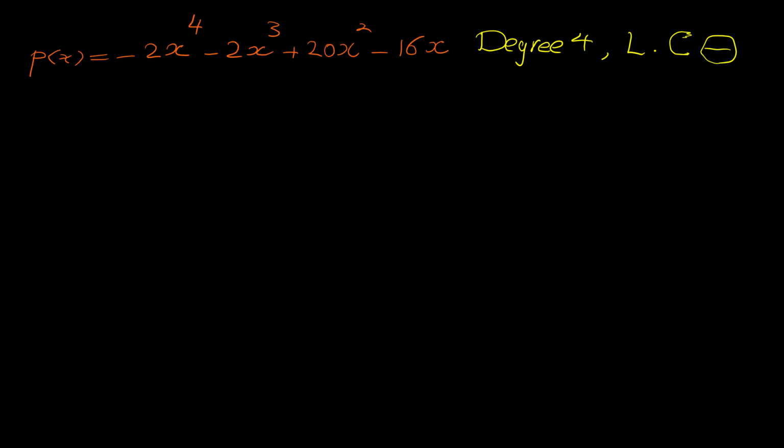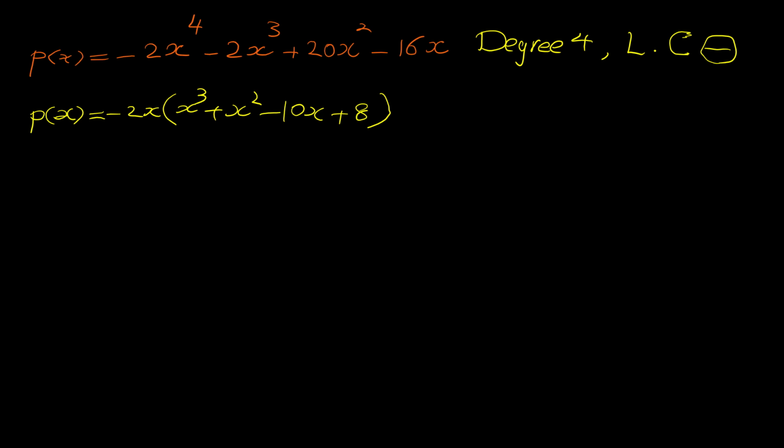By looking at the terms, immediately we notice that x, and actually negative 2x, can be factored from all the terms. Why do I prefer to factor negative 2x, not 2x? Because when we factor a negative and put it outside, the remaining factor would be with a positive coefficient. So it's better to factor the negative because the leading coefficient is negative. So as the first step, we write p of x in the form of negative 2x times (x to the 3 plus x to the 2 minus 10x plus 8).